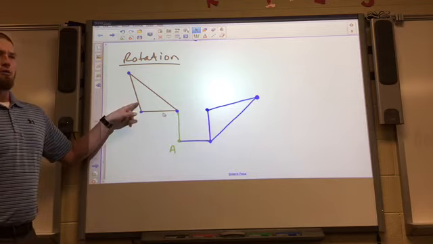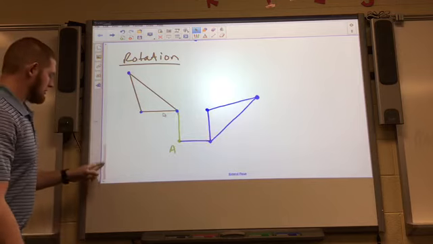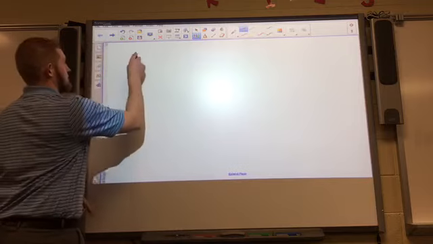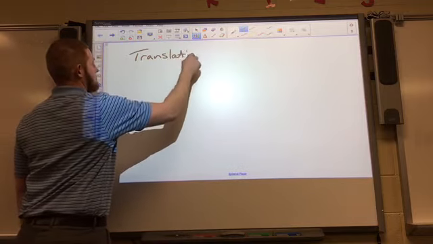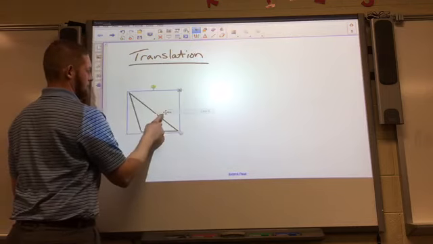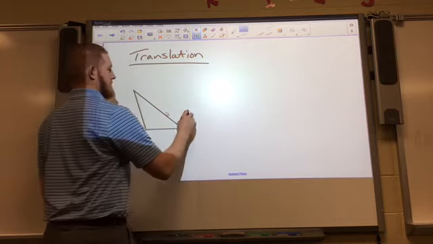Pre-image or the image? Pre-image, this is the image. What was our third type of transformation? Translation. This will be everybody's favorite one. Why? Yeah, it's pretty easy, right?